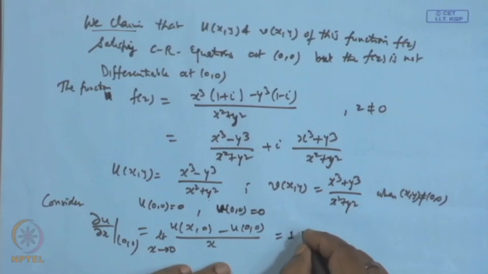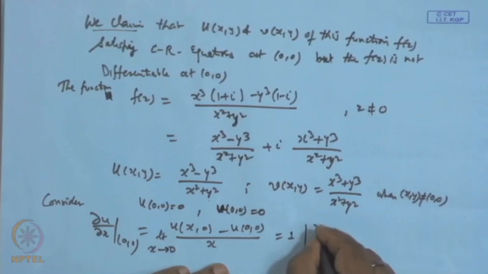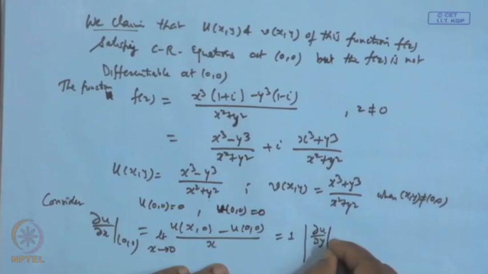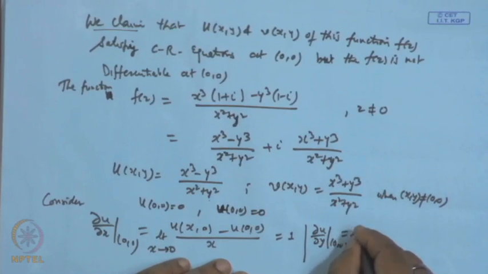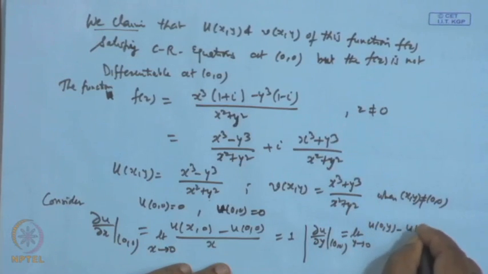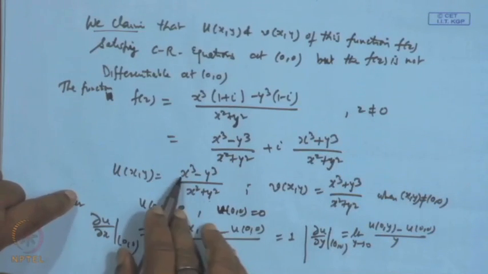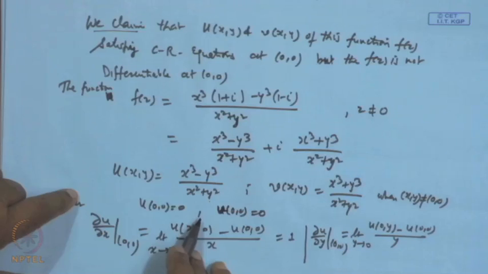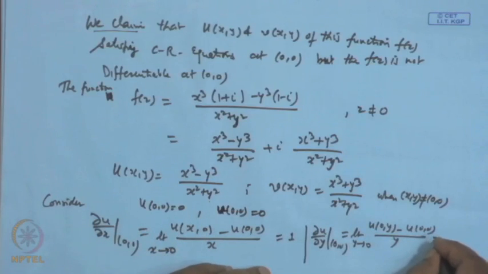Similarly, if you go for del u over del y at the point 0 0, then what we see here is the limit y tends to 0 of u 0 y minus u 0 0 divided by y. Again, when you take x as 0, it is coming to be minus y divided by y. So, it is minus 1.